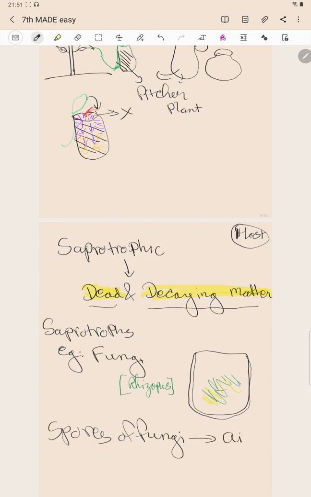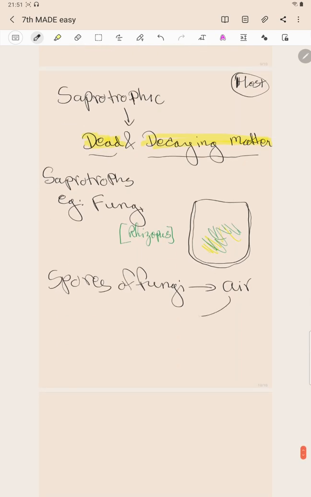Spores of fungi will disperse via the air and reach distant sites. Whenever they reach a site which is moist and warm, they settle down and grow. So that's what happened in the case of the bread. There were spores of fungi in the air.